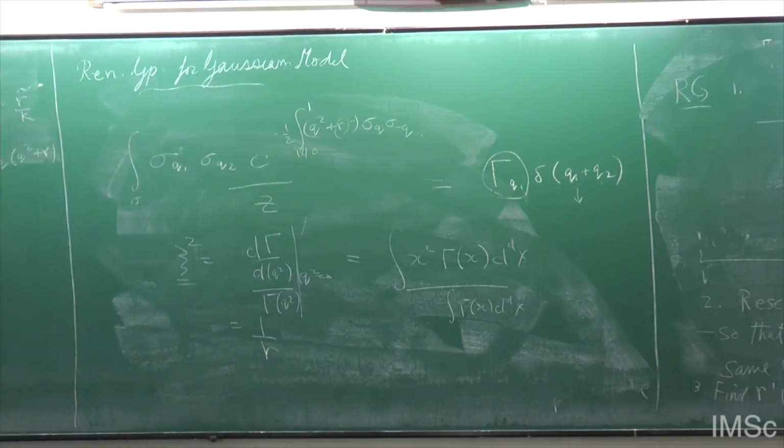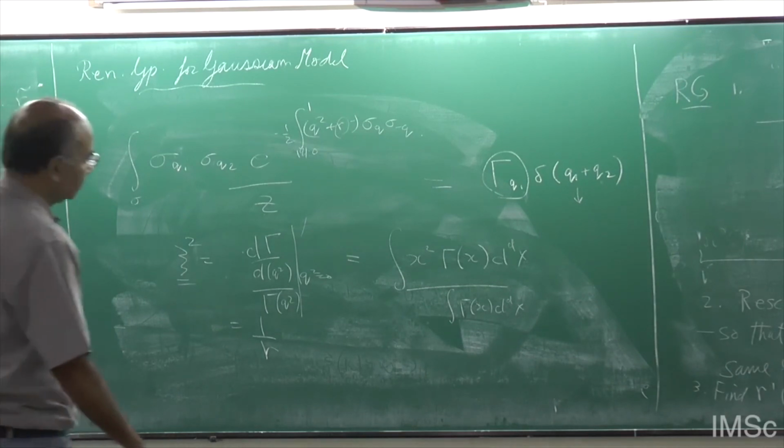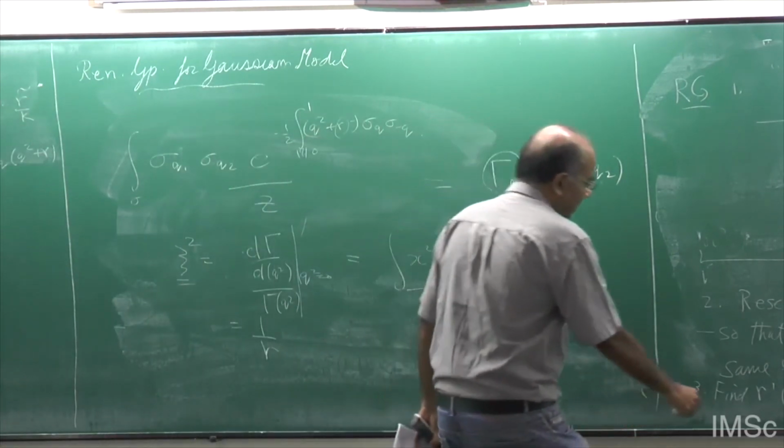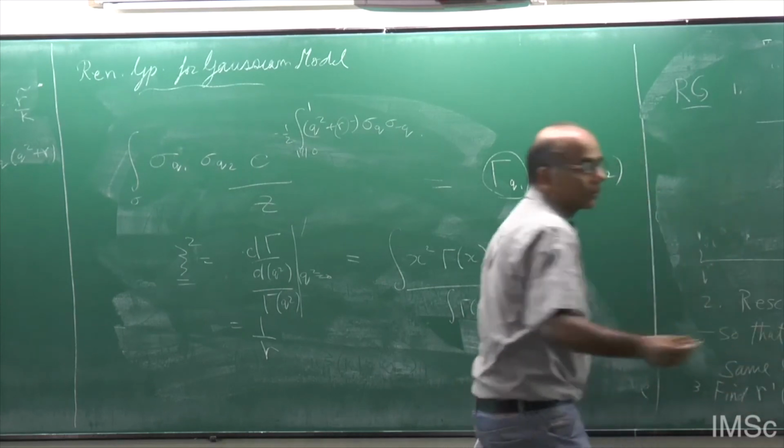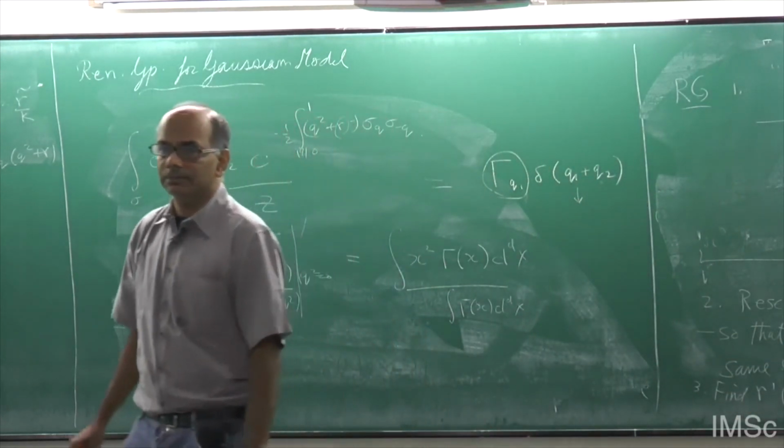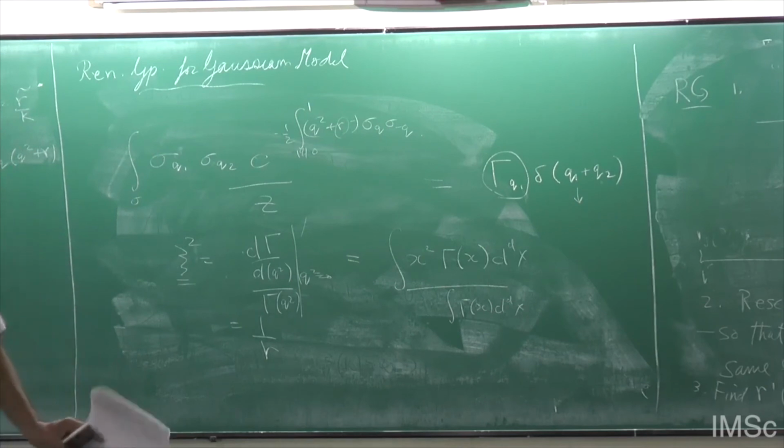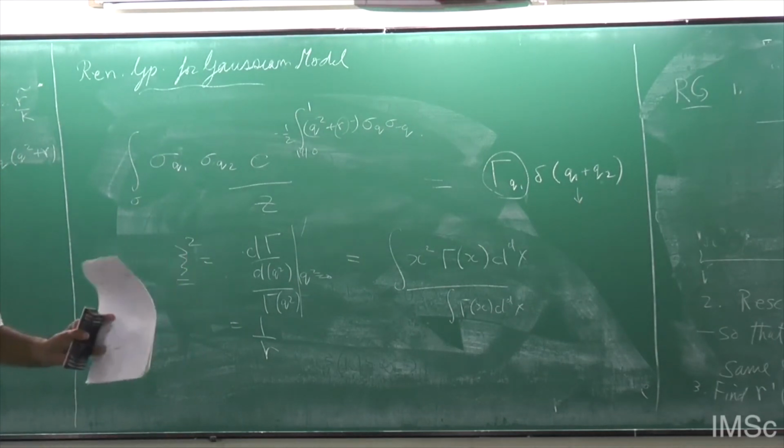So it should be a Hamiltonian in the same form but with a different parameter. Your aim is to find the new parameter as a function of the old parameter. That's what you have to find, and then you're done. That's your RG transformation. Then extract the physics from that, that's all. Okay?